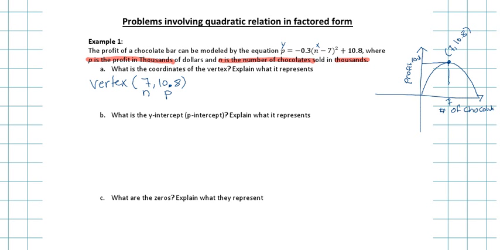So, explain what it represents. So for 7,000 chocolates sold, the profit is $10,800.